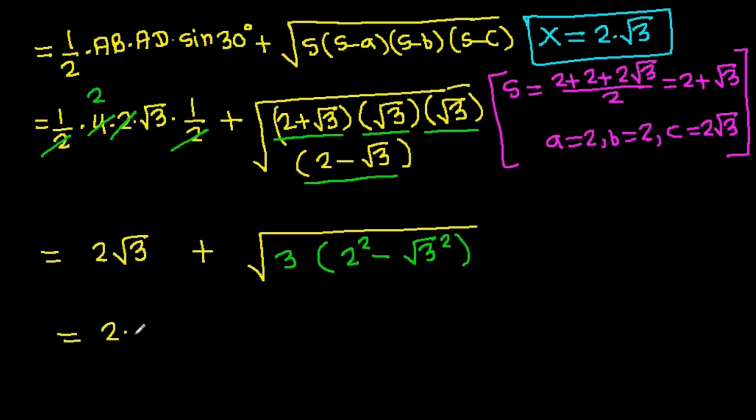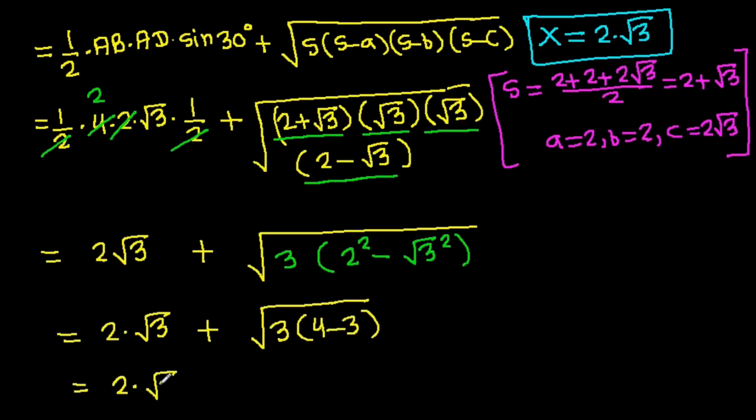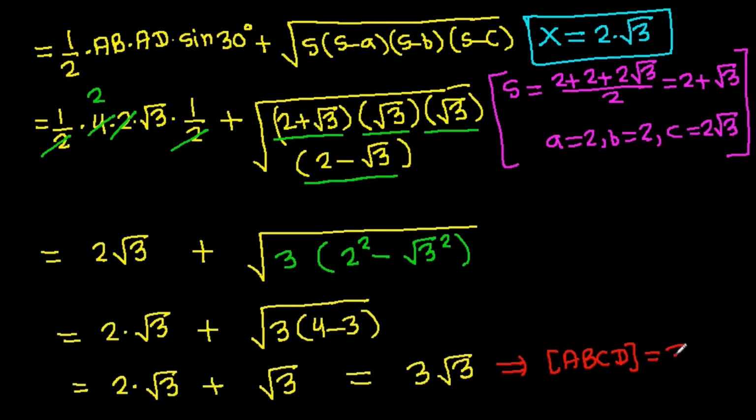And it is 2 times square root of 3 plus square root of 3 times (4 minus 3), and it is 2 times square root of 3 plus square root of 3, that will be 3 times square root of 3. So area of ABCD is 3 times square root of 3.